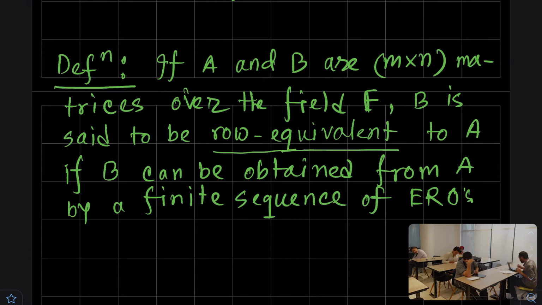ERO is elementary row operations. So this is the definition. We are saying that if A and B are m cross n matrices, then B is said to be row equivalent to A if B can be obtained from A by a finite sequence of ERO.